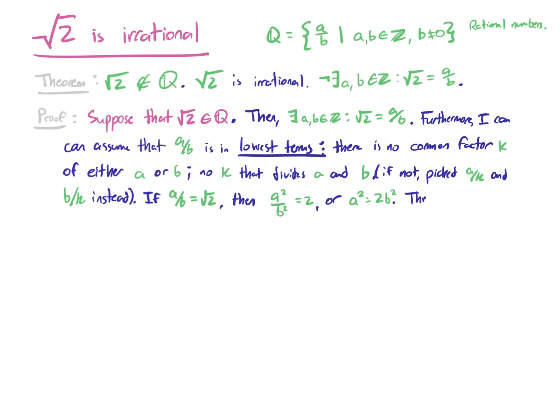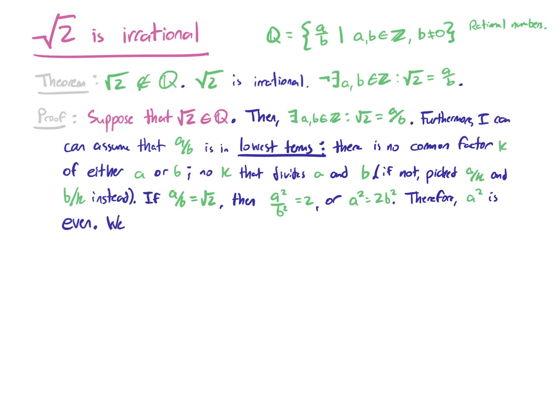Therefore, by definition, a squared is an even number. A squared is even because I've written it in the form 2 times an integer. b squared is an integer because b is. Therefore, a squared is even.